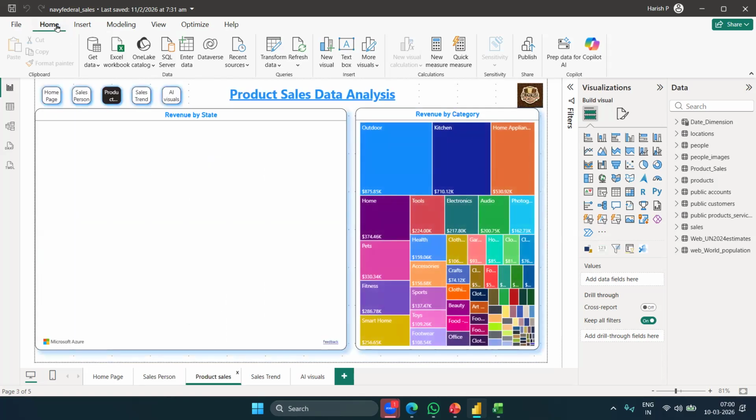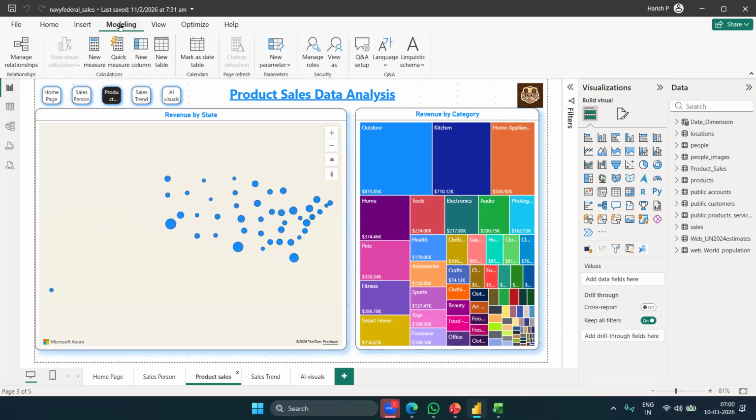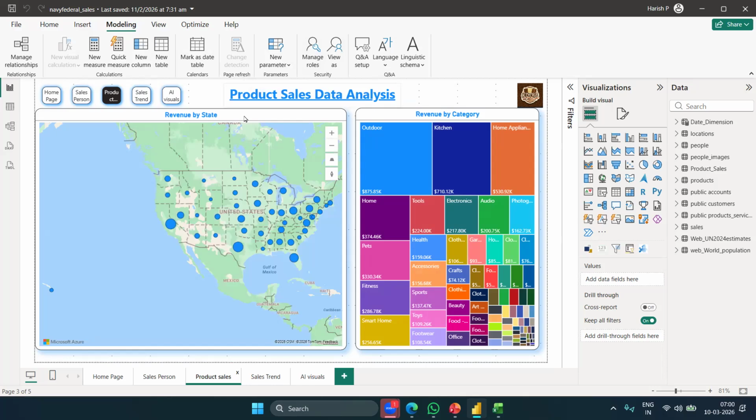The way it works, home, insert, modeling, right? So these all look like Microsoft PowerPoint, and there are different charts, visualizations. Just the naming would be slightly different, what we call them.